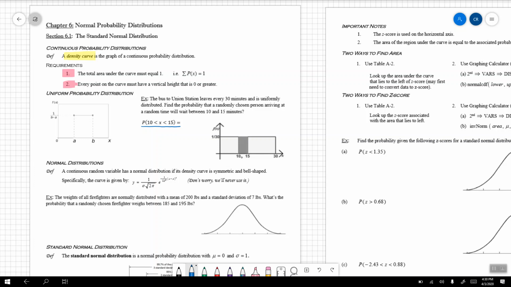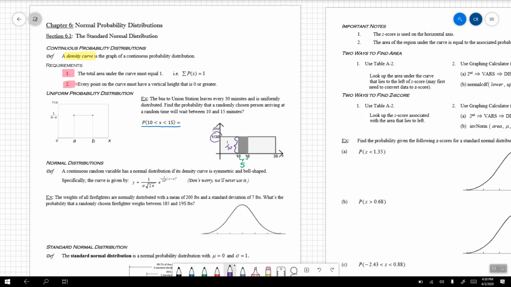Now, if we're looking at the interval between 10 and 15, then we have to analyze what this time interval is. Well, that time interval is just 5. Now, looking at the height, what is that height here? All right, that's going to be that 1 out of 30.